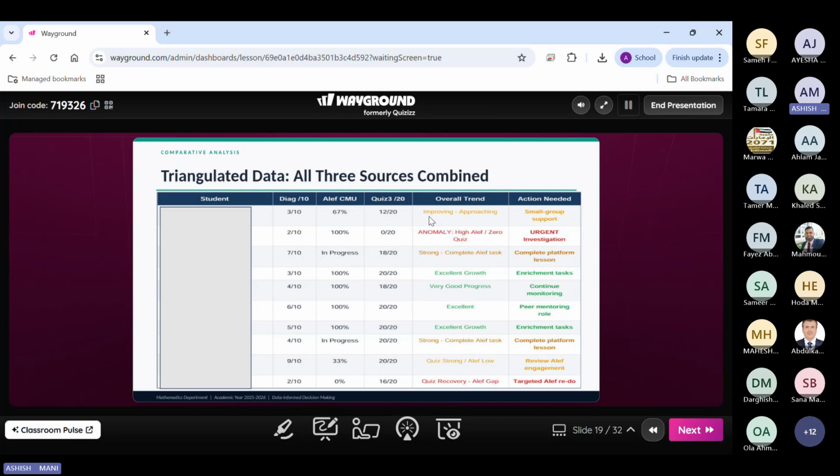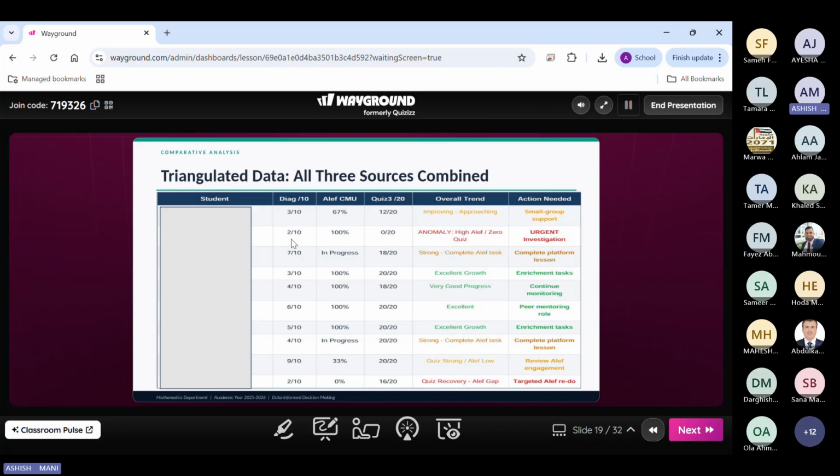The overall trend tells me he is improving, from the diagnostic to LMS. And the action I will take for him is to put him in small group support, where some students come together, I give them a task, and they help each other and learn more.